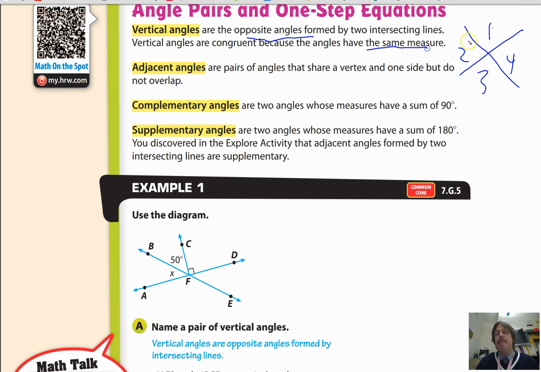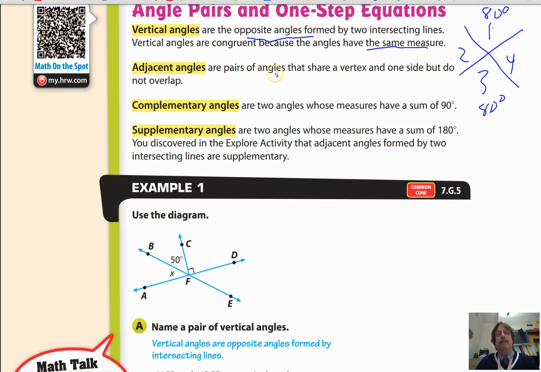And they have the same measure. So if this angle here was, let's say, 80 degrees, this one has to be 80 degrees. Do not think of vertical as only going in the vertical position, because it also includes any place. It's the definition that's important and not the physical placement.